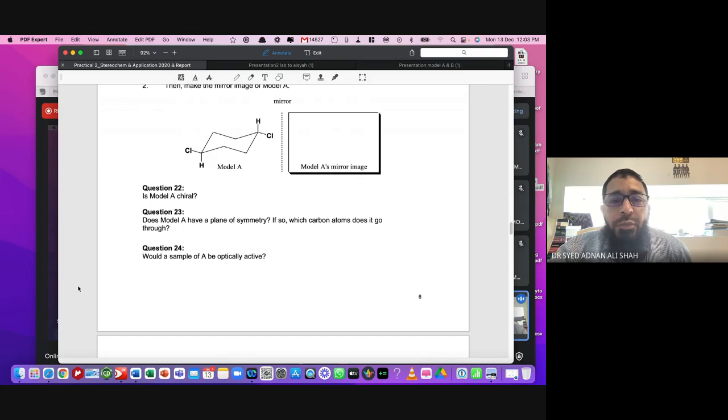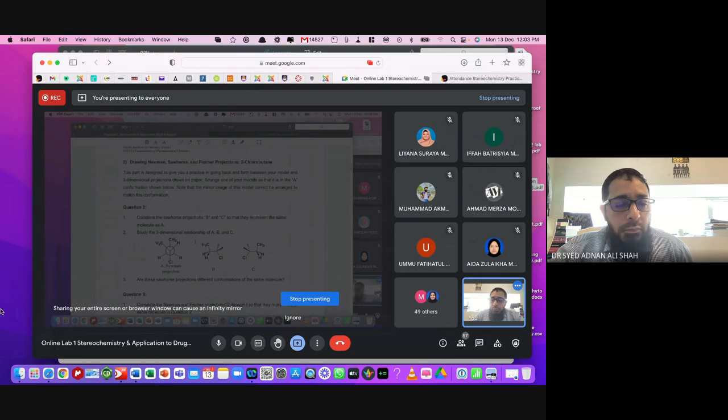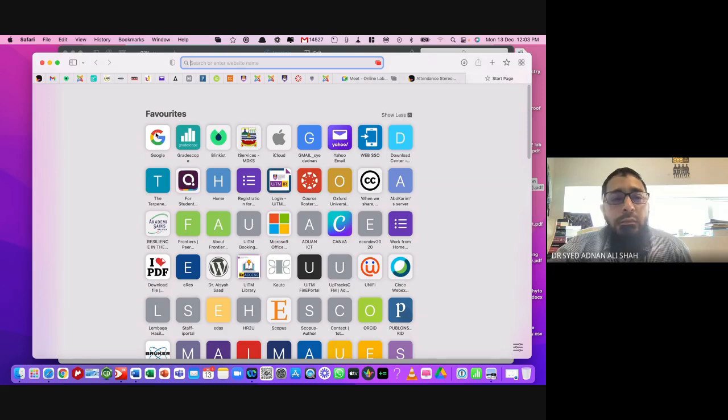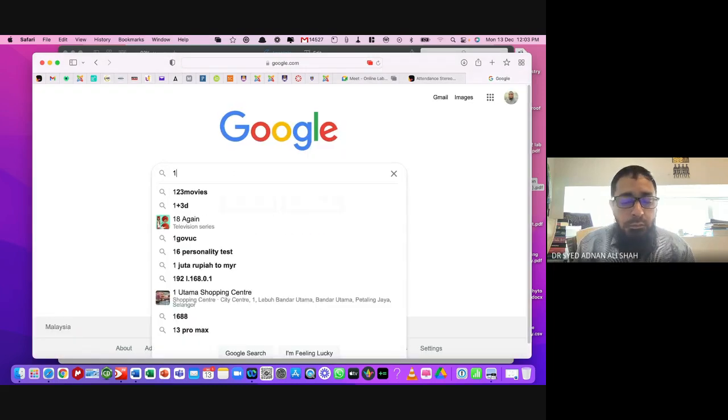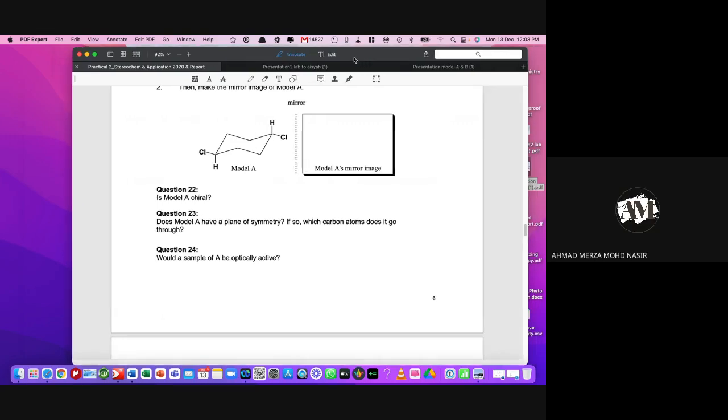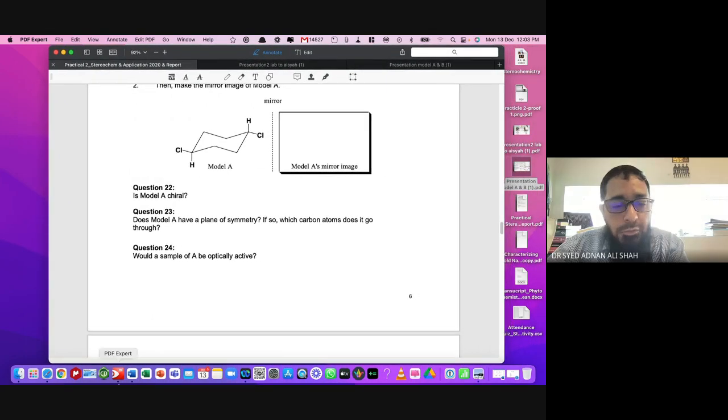Does this molecule have planar symmetry? Please think. Now, you can come to one conclusion.